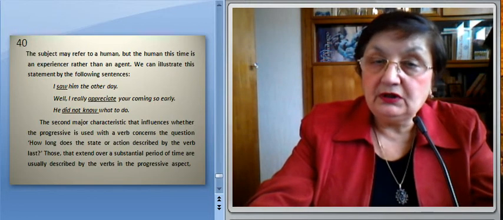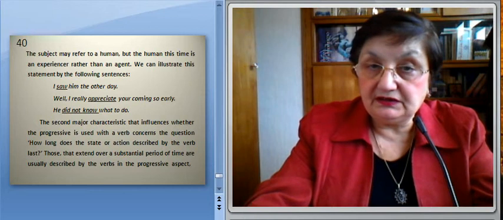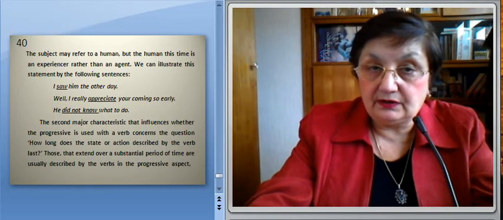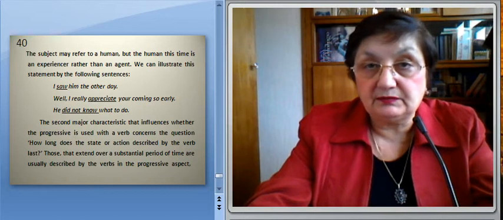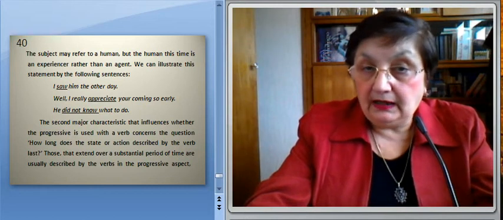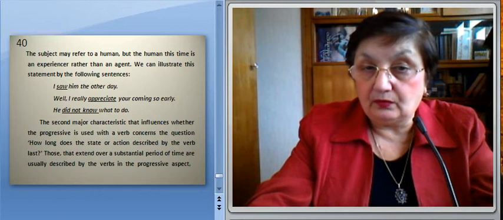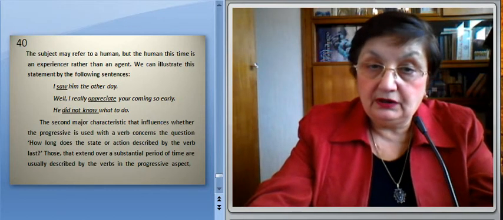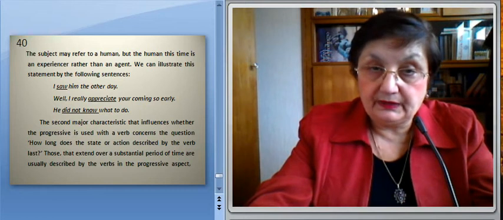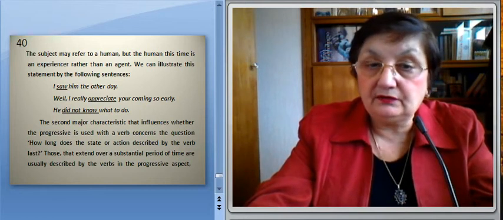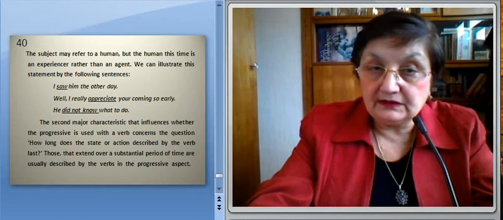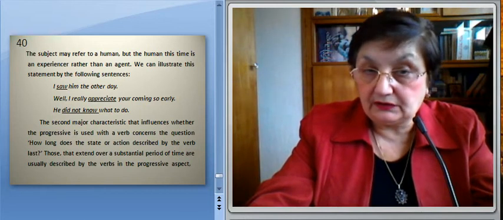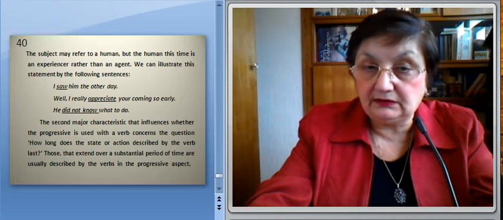The second major characteristic that influences whether the progressive is used with a verb concerns the question, how long does the state or action described by the verb last? Those that extend over a substantial period of time are usually described by verbs in the progressive aspect, while actions that happen very quickly or temporary states of short duration are rarely represented in the progressive.